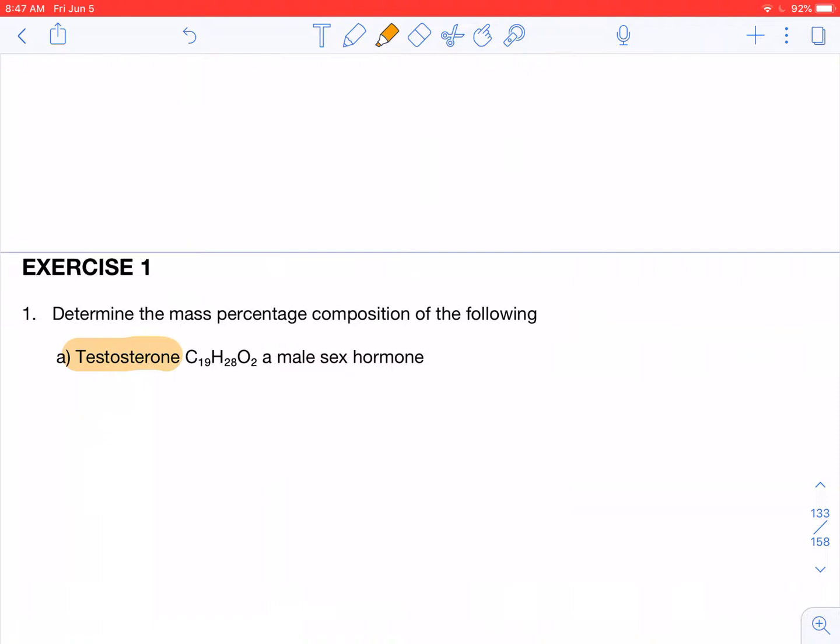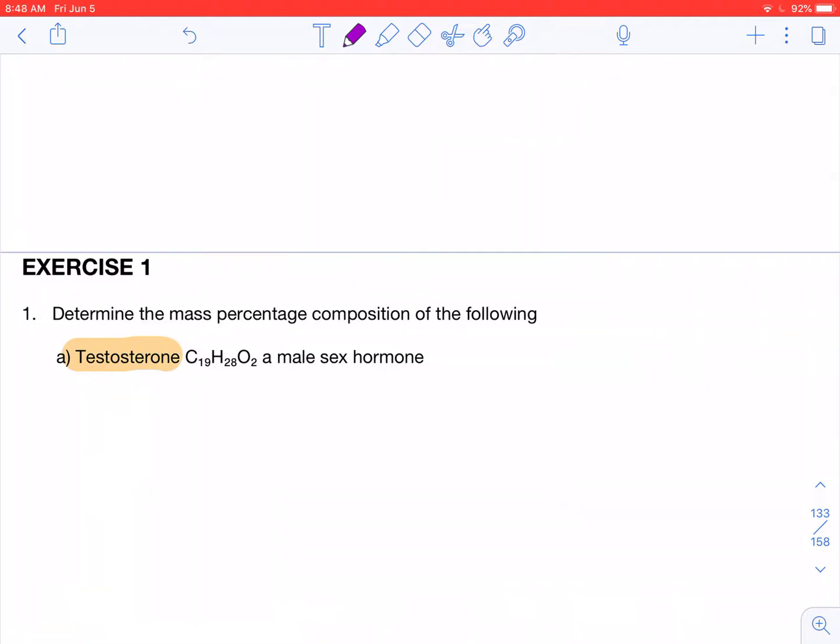And the formula for this is C19H28O2, right? That's the formula for that.